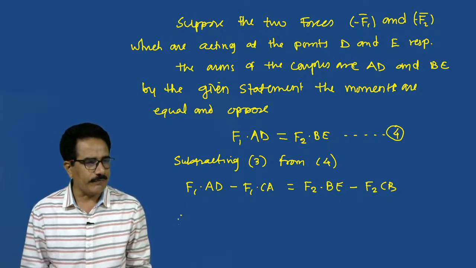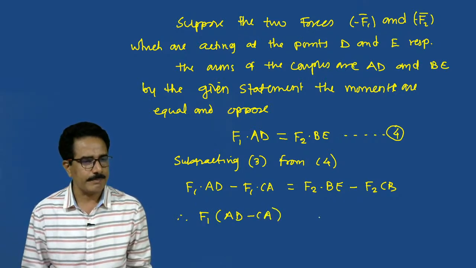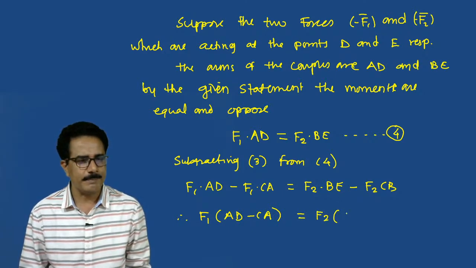Take out a common F1. F1 is the common term AD minus CA, which is equals to F2 is a common term BE minus CB.